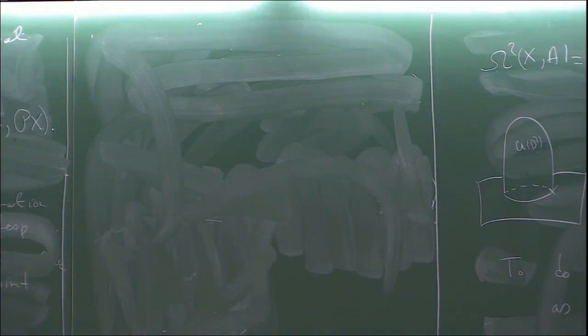We need to find the map backwards. Well, it's obvious that there's a map backwards. The map backwards says, well, this is a fiberwise map. In particular, it gives me some map from the fiber over the base point to the fiber over the base point. Okay. In the fiber over the base point, I have the constant map, and therefore I see where the constant map goes.